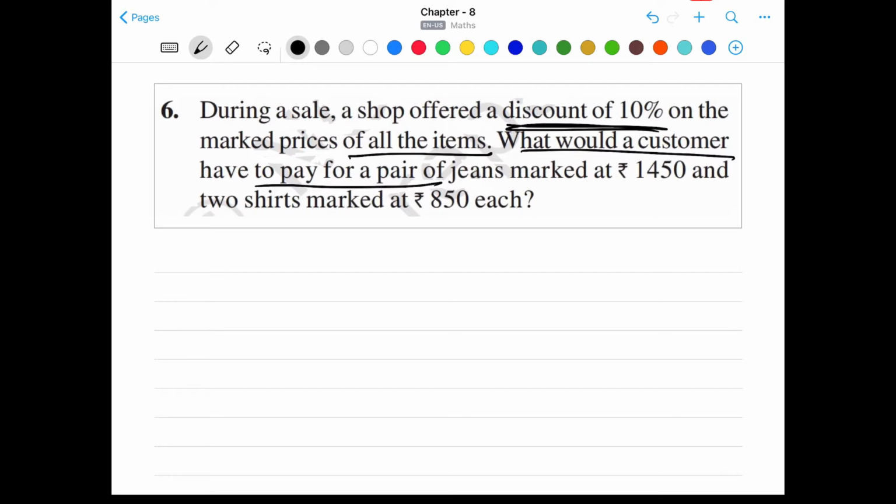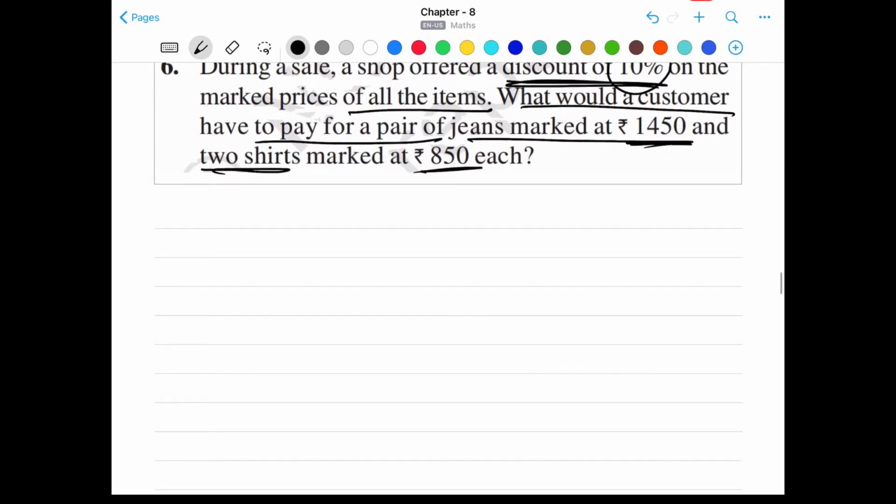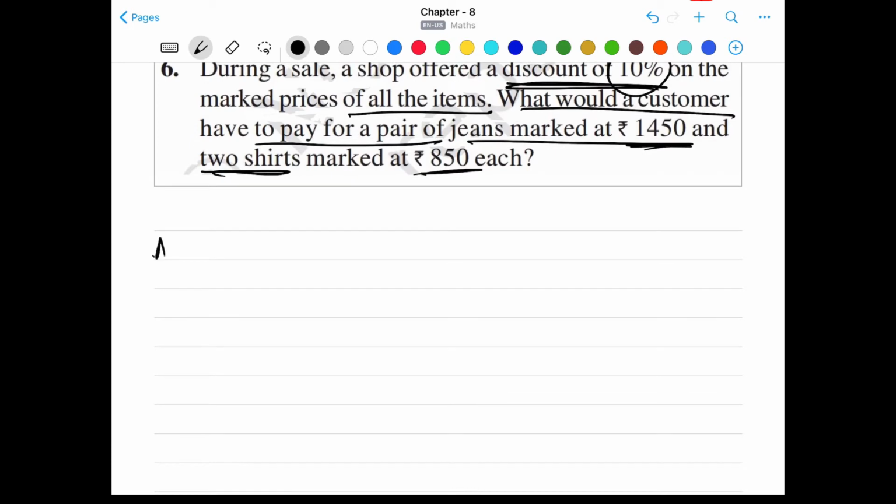That will be the selling price of all the articles, for a pair of jeans marked at 1450 rupees and two shirts marked at 850 rupees. As the discount percent is the same for both articles, that is 10%, we'll calculate the collective selling price. So let's start with the answer to number 6.